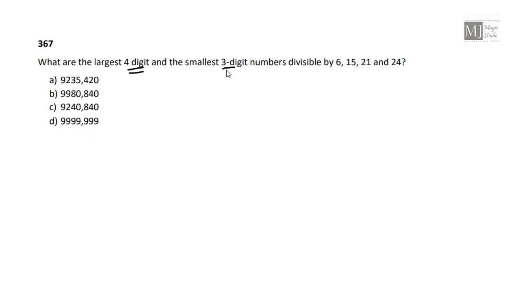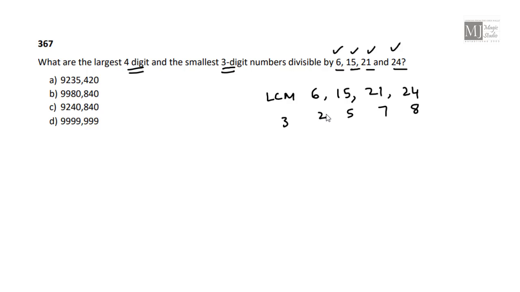What are the largest 4-digit and the smallest 3-digit numbers divisible by 6, 15, 21 and 24? We are in search of a number which is divisible by all these 4. That means we need LCM of 6, 15, 21 and 24. 3 times it will be 2, 5, 7, 8.